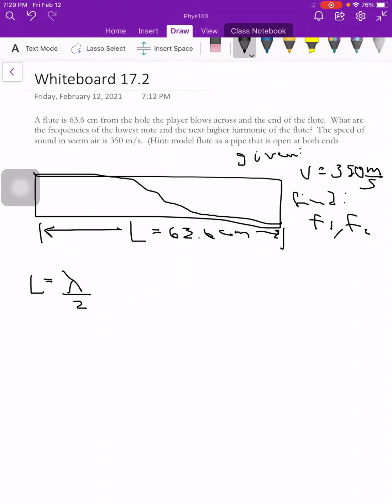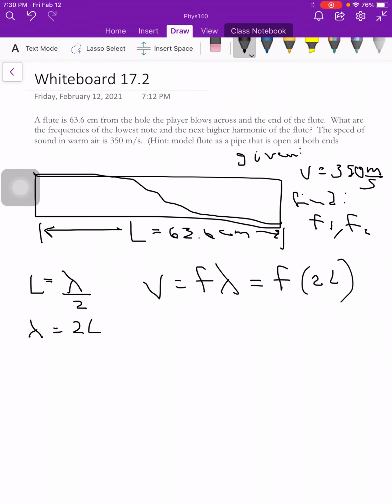It's not a full wavelength. We only have half a wavelength. So that's lambda over 2, and our velocity, v, is equal to f lambda. And so we see here that lambda is equal to 2L. So you can plug that in. So v is equal to f times 2L.